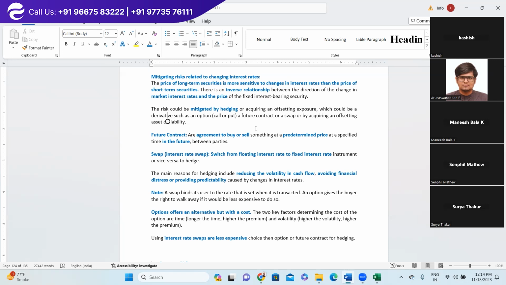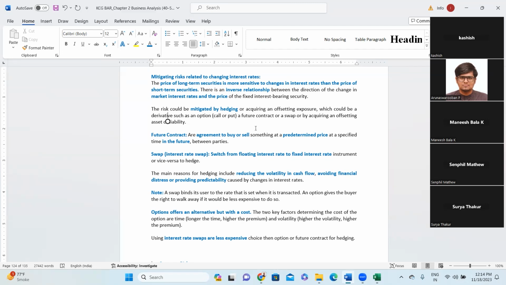Yes, sir. Second is swap. Swap can be interest rate swap or it can be currency swap. Interest rate swap, for example, I have, you can say, a bond or any instrument which is on a fluctuating rate of interest, and you have any bond or any asset which is at a fixed rate of interest, and the value of both are the same, and currently the interest rate is also the same.